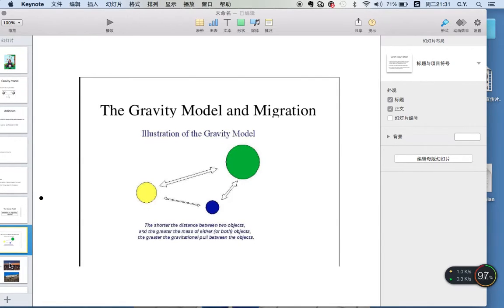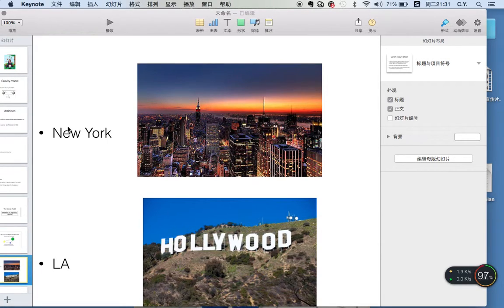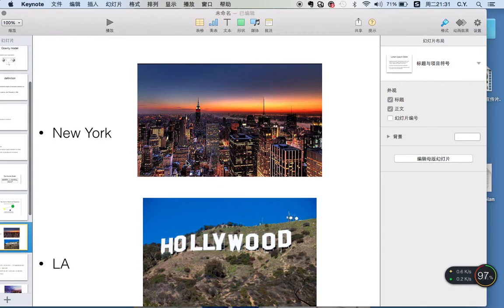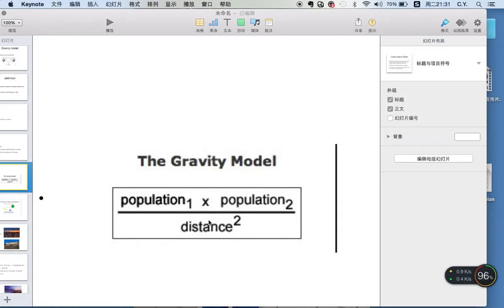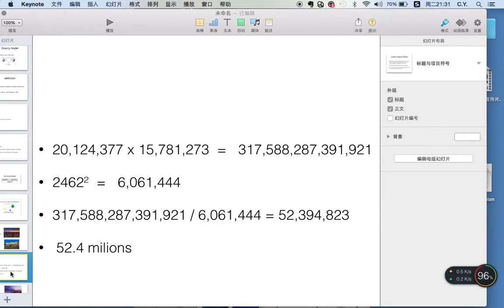Okay, let's look at a real example. Let us consider two famous cities, New York and Los Angeles. We come out with this equation, a pretty huge number. You can see this number is the population of New York, and this number is the population of Los Angeles.